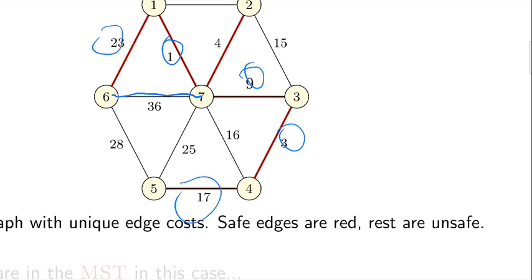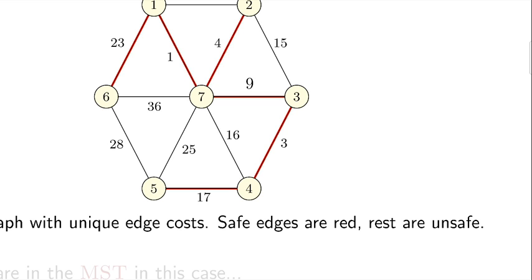Similarly, if I add this edge, then the edges on this cycle are going to be this and this, right? And as such, 36 is more expensive, so this is indeed unsafe. And we can continue in this fashion. You can verify in a similar way. If you put every edge in together with the red edges, you will get the red path and this edge, and it would be a cycle that shows that the edge is unsafe.